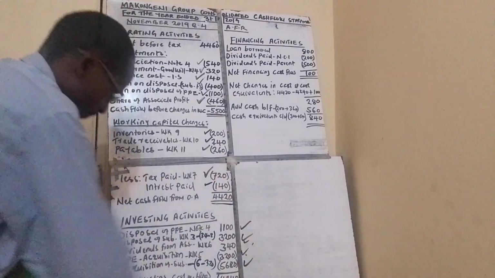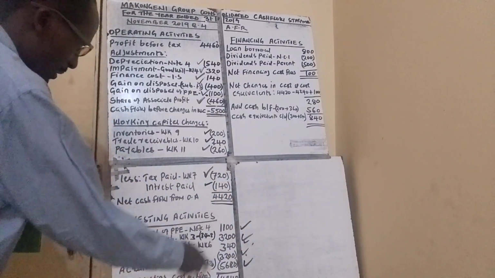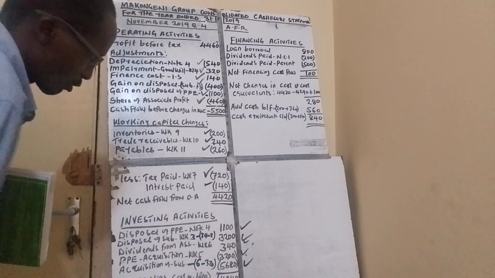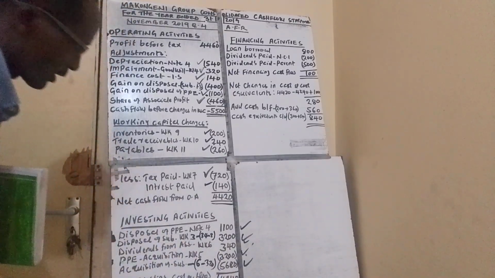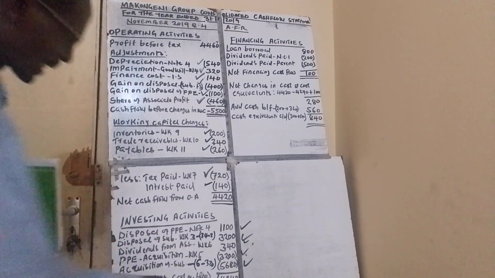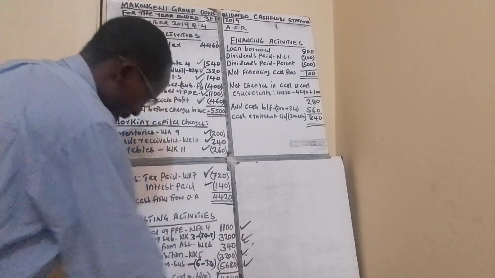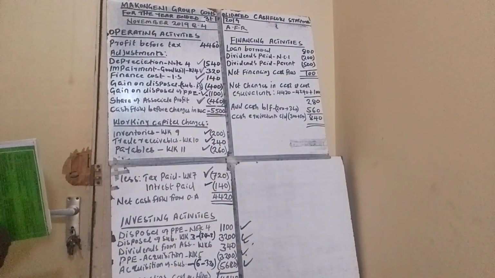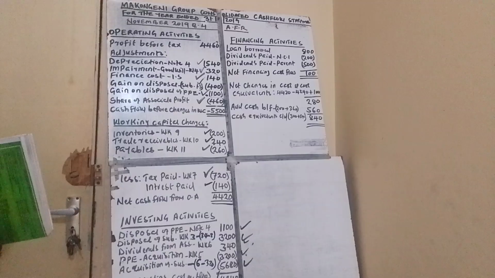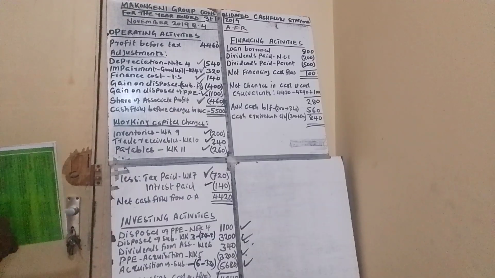So sum up that area: 1100 plus 3200 plus 340 minus 3200 minus 5680, you get 4240. Minus is a negative. Net investing activities cash outflow 5240.